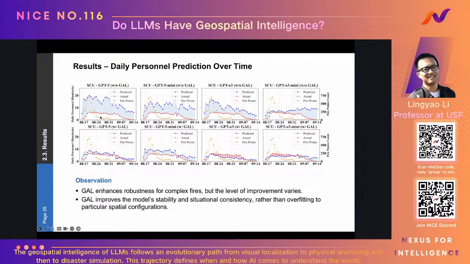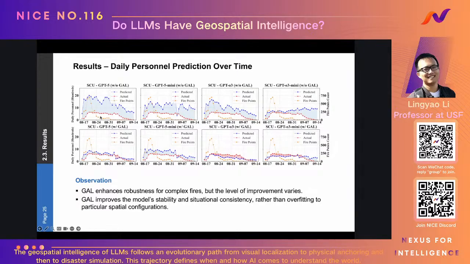For the second project, we find that feeding the large language model with geospatial information can help it outperform both physical and machine learning baselines. We also found that the integration of spatial and temporal cues within the geospatial awareness layer can improve the prediction performance, but the features are of different importance.